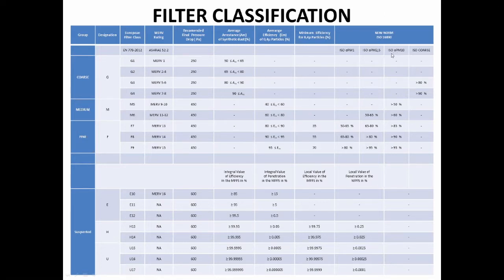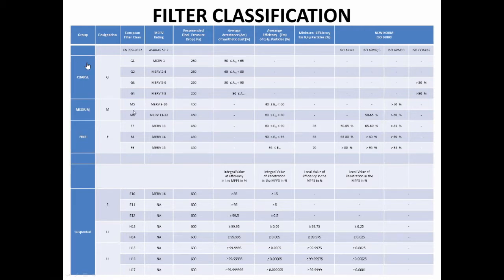Before it was 0.4 micron. Right now it's expanded to 4 particle groups, like ISO ePM1, ISO ePM2.5, ePM10, and ISO Coarse. When we talk about the G4, we say right now ISO Coarse 90% or 80%.